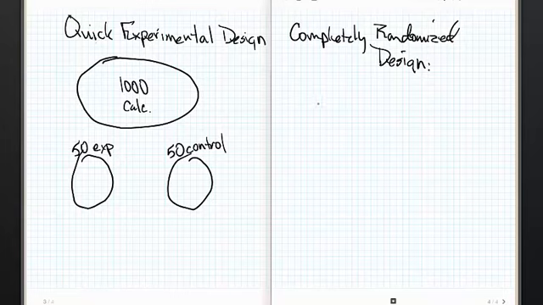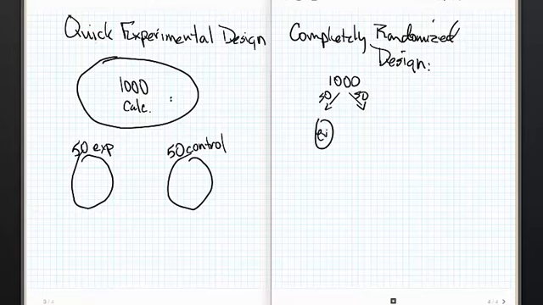It's actually the simplest of the things to do. However, unfortunately, it's not feasible. What we're going to do is take all 1,000 kids, assign them a number, and then randomly select the kids to go 50 in here and 50 in here.